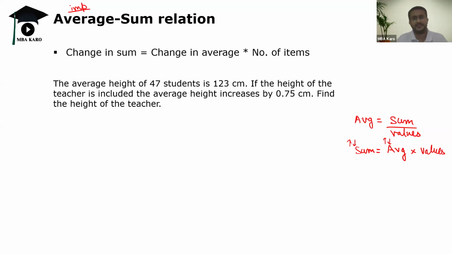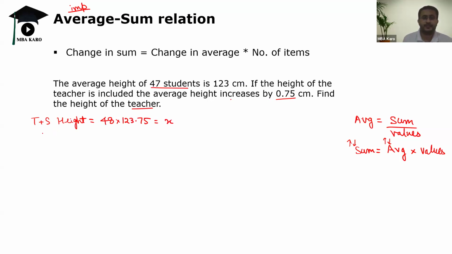If you look at the conventional method, it says height of teacher plus student height. You will say there are 48 people, including the teacher, plus 47 students, and their average increases by 0.75. So you will say 48 into 123.75, and you will get some height x.